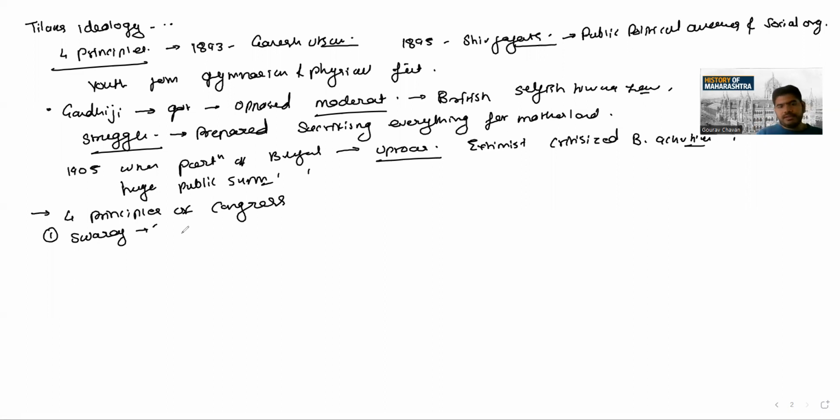And the second thing he said was to have self government, or you can say a responsible government, a government which is responsible to its people, directly or indirectly. This was the statement laid forward in the context of Swaraj. The second thing he promulgated was Swadesh.